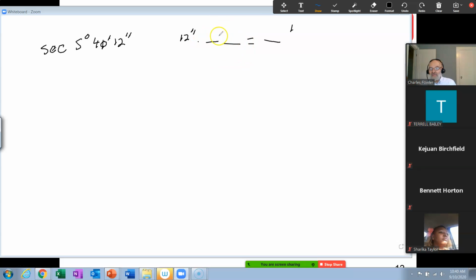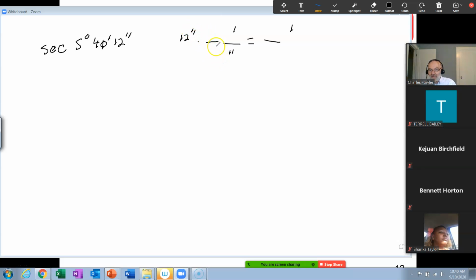I always like to do my conversion here, 2 blanks, one for numbers, one for units. Always put the units in their place. Same as we did when we were doing degrees and radian conversion. Okay, so here we want to put seconds in the denominator, minutes in the numerator, so you can cancel them out.